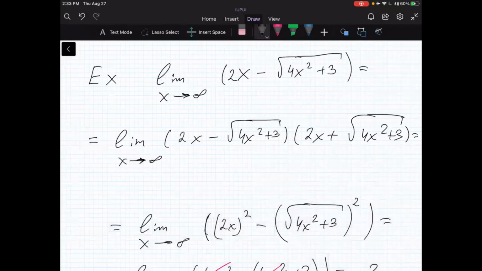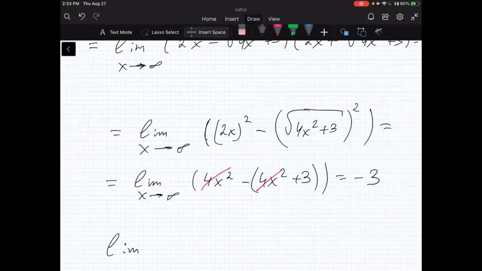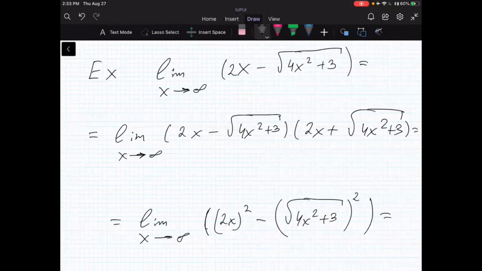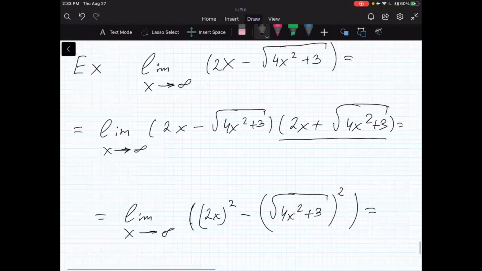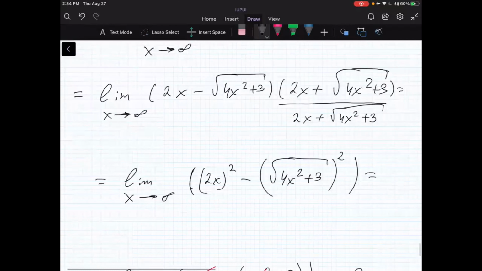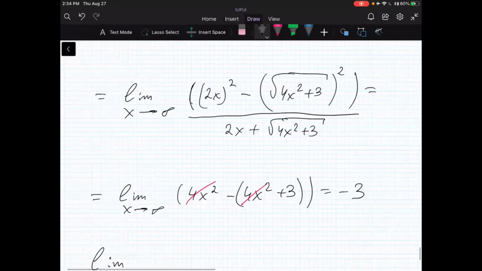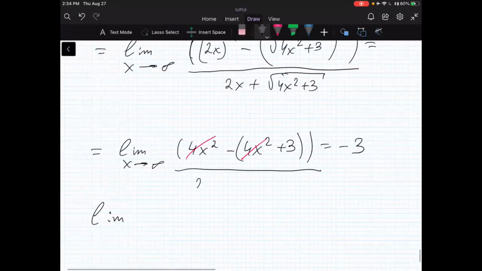It's easy, but not that easy. So I multiply, and of course, I need to divide by the same expression, 2x plus the square root of 4x squared plus 3. And so I get this divided by 2x plus the square root of 4x squared plus 3. So on the top I have indeed cancellations, but still I have something on the bottom.